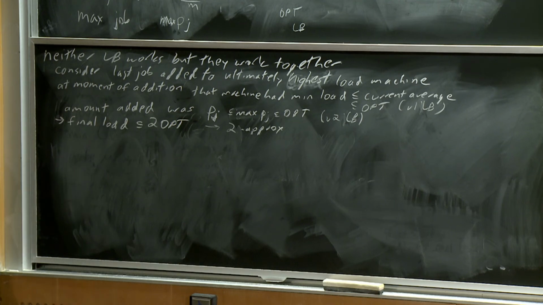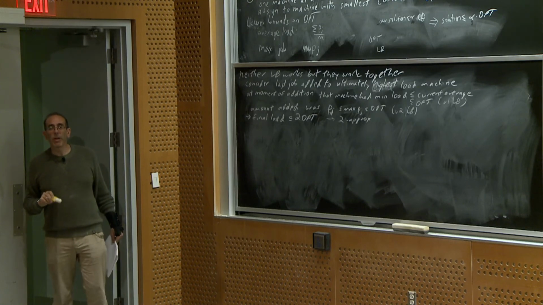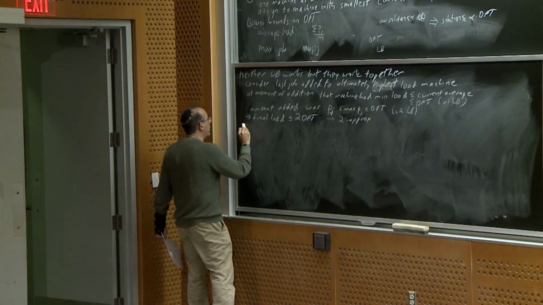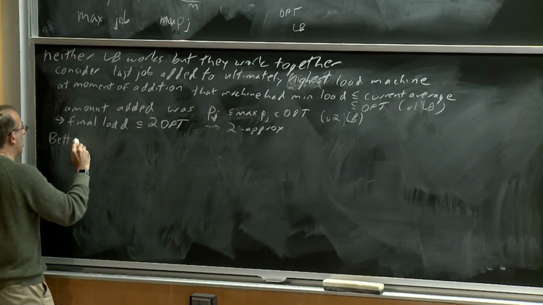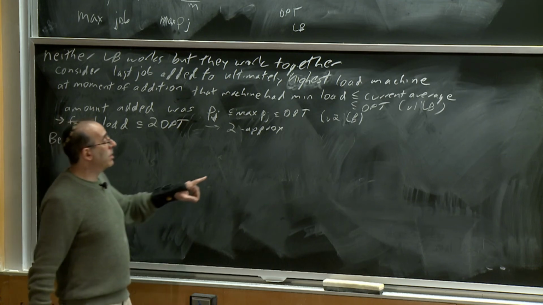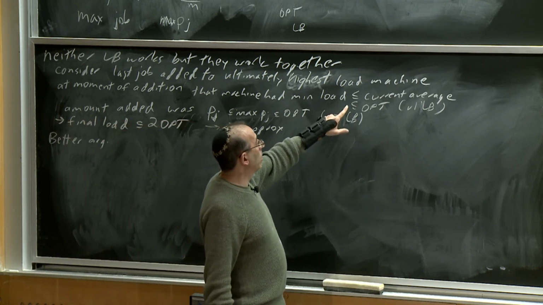Now, you might be getting tired of 2 approximations. You're going to see a lot more of them. There's something fundamental to the universe that causes lots of 2 approximations to come out. But actually, for Graham's rule, we can prove something a little bit better. Okay? So that's sort of the straightforward argument. The better argument is to notice that we're being a little sloppy here.